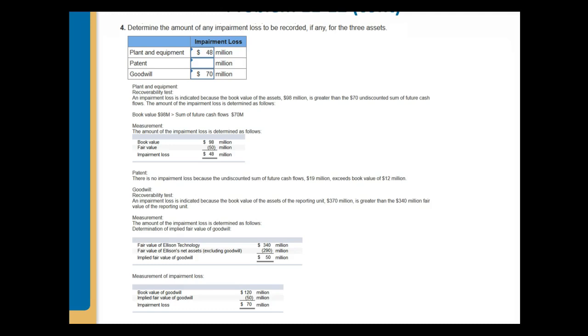So, the amount of the impairment loss is determined by the fair value of Ellison's Technology $340 less the fair value of Ellison's net assets, excluding goodwill, $290, shows an implied fair value of goodwill should be $50. Right now we have the book value of goodwill to be $120. That less the implied fair value of goodwill of $50 would give us an impairment loss of $70 million.